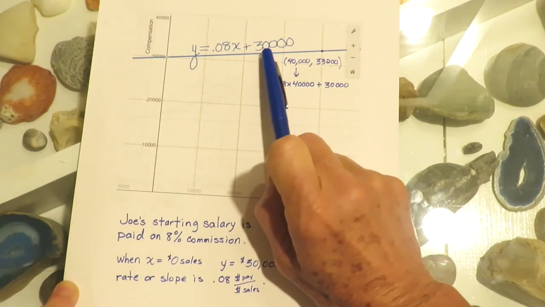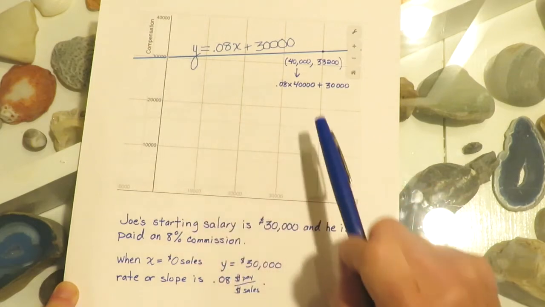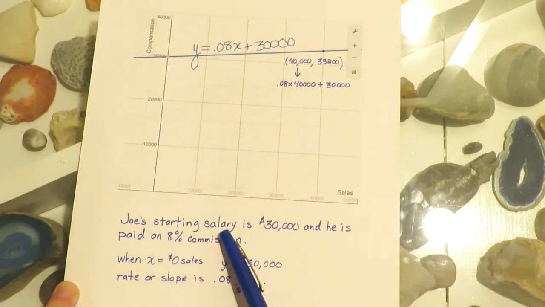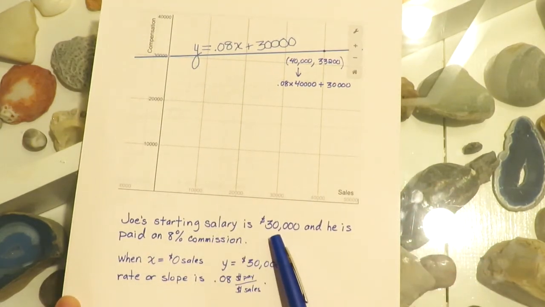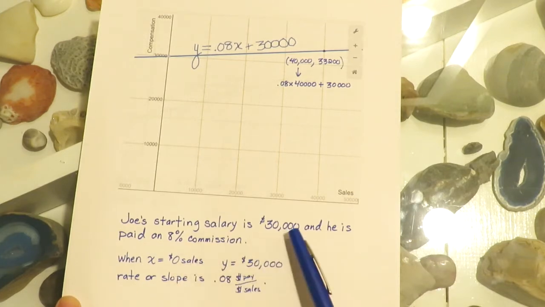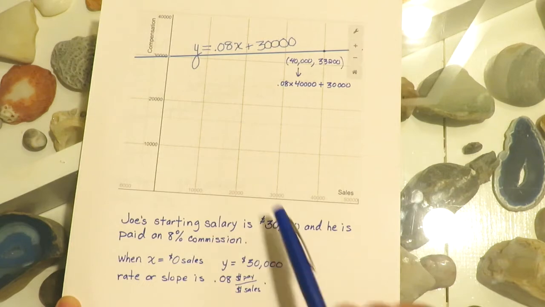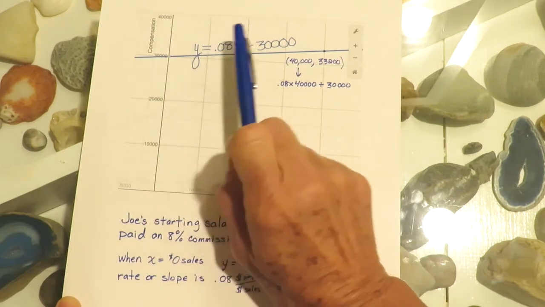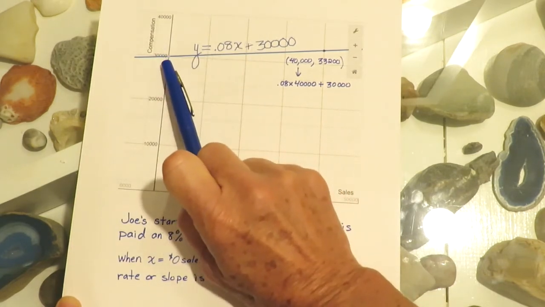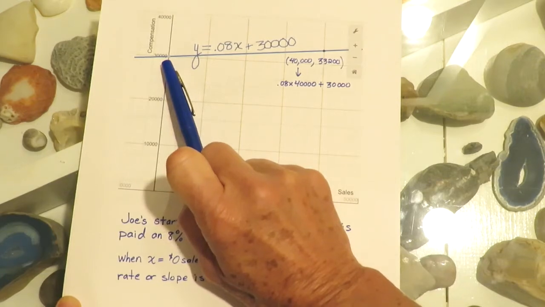It's the y-intercept value. So in this example, Joe's starting salary is $30,000. So when his sales are zero, his starting salary is $30,000. The y-intercept can be considered the starting point of the line.